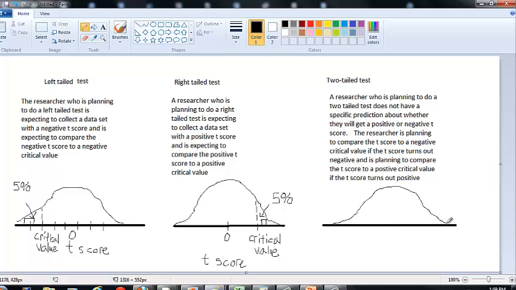If the t-score comes out to a negative number, they'll compare it to the negative critical value down here. If the t-score comes out to a positive number, they'll compare it to the positive critical value up here.